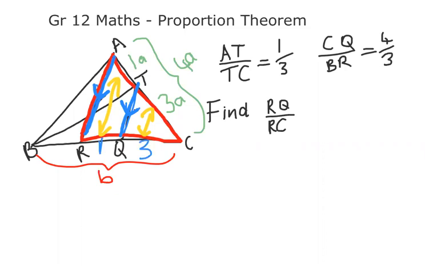Because this line here is between the two parallel lines, and this line RQ is also between the two parallel lines, so it's the same as that one. This line is between C and that parallel line, and this line QC is also between C and the parallel line, and it's 3.